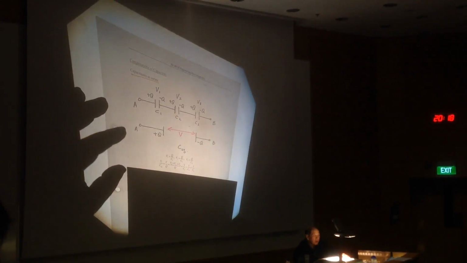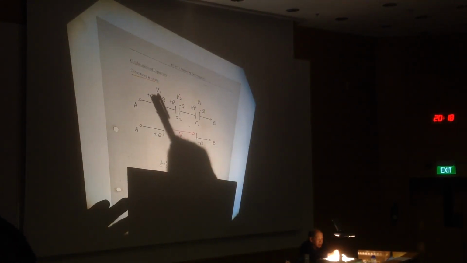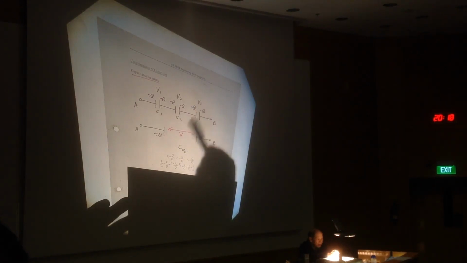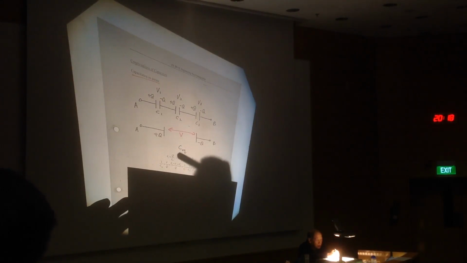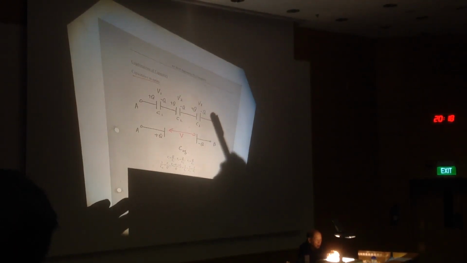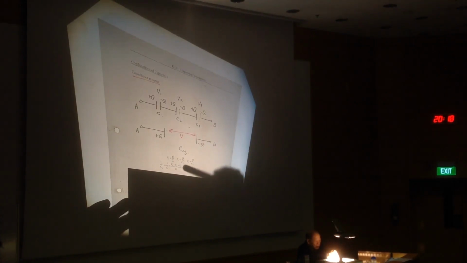This is how we get the formula. V1 is Q upon C1, with the same charge, V2 is Q upon C2, V3 is Q upon C3. Therefore 1 upon C equivalent, the total voltage, is the sum V1 plus V2 plus V3. Simplify, and it is 1 upon C1 plus 1 upon C2 plus 1 upon C3.